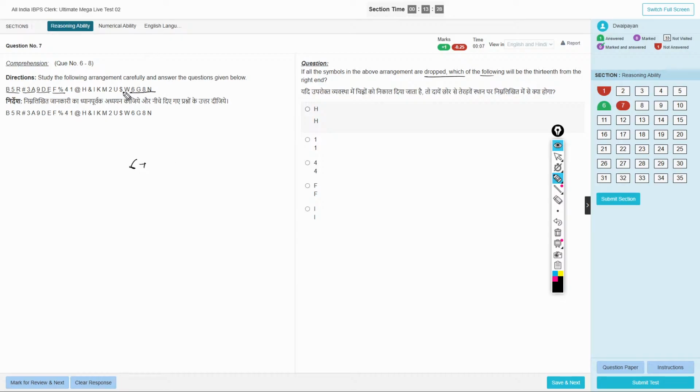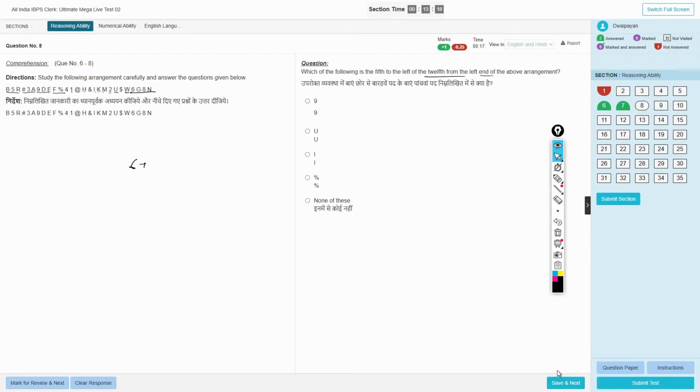So 4. Which of the following is 5th to the left of 12th from the right? So 7th to the left.